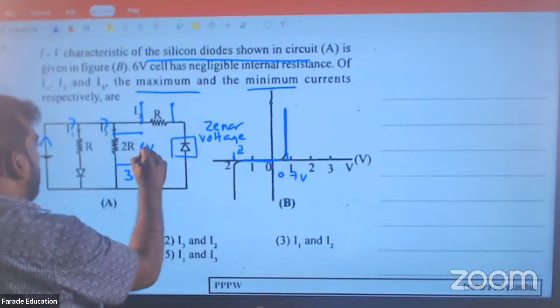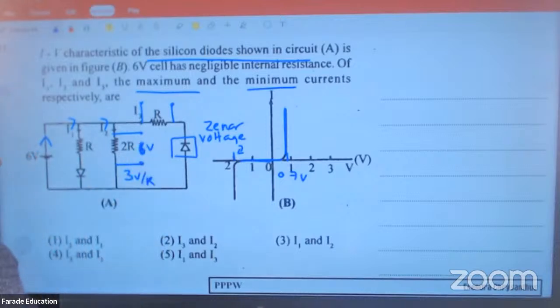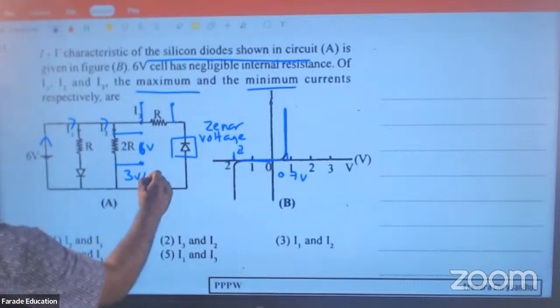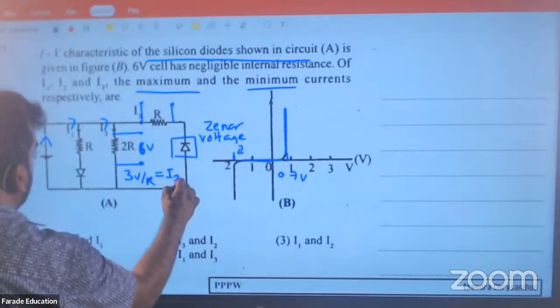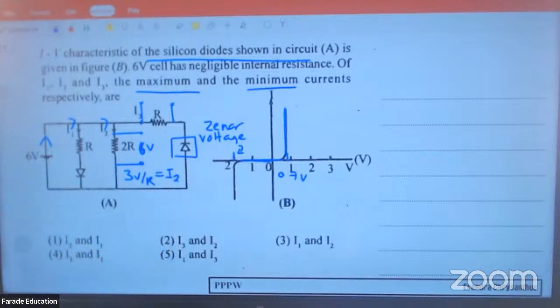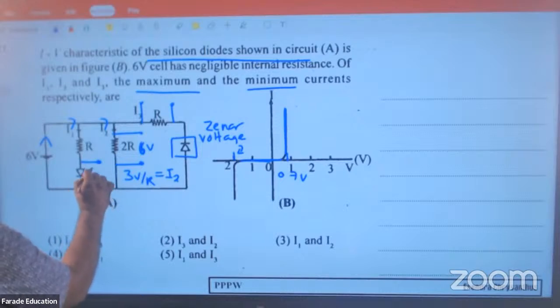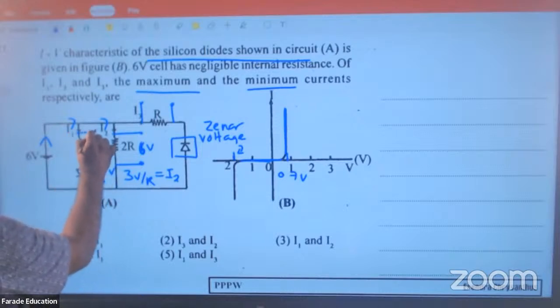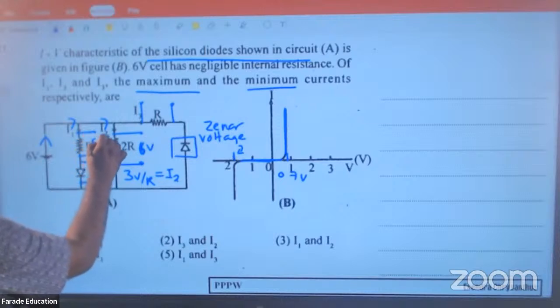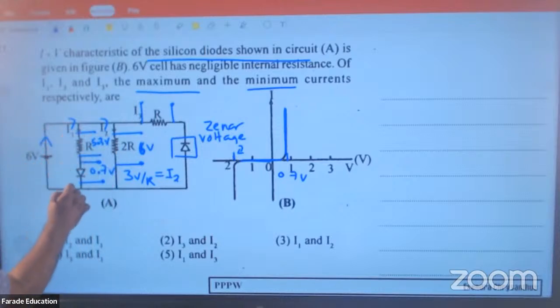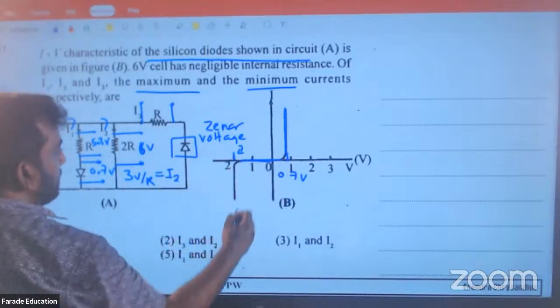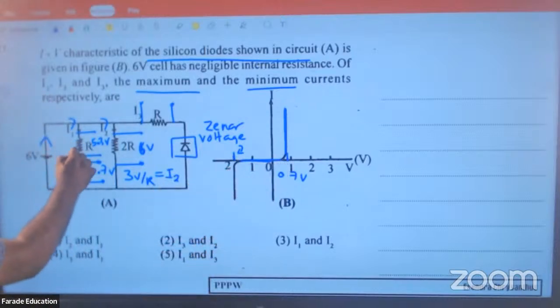Here 6 volt. So the I2 current is easily found: 3V over R. Here 0.7 volt, so the voltage here is 5.3 volt. Why? Here 6 volt, and the forward bias diode takes 0.7, with the remaining across the resistor.